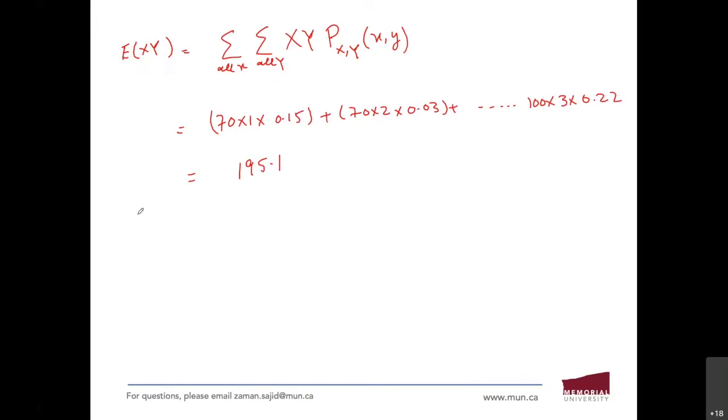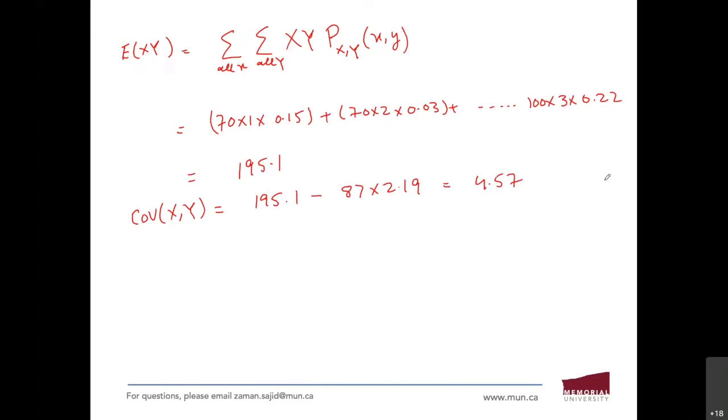Now our covariance equation, covariance of x and y, becomes the expected value of x and y, which is 195.1, minus the product of the expected value of x times the expected value of y. This will be 4.57.